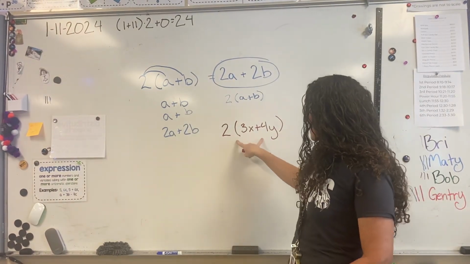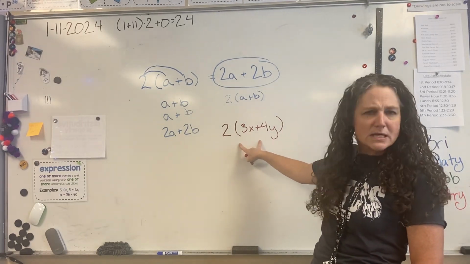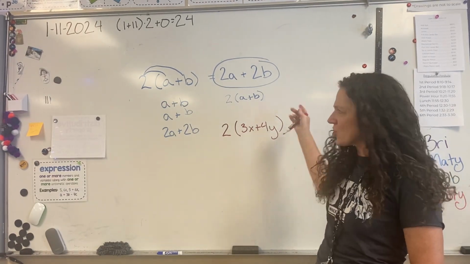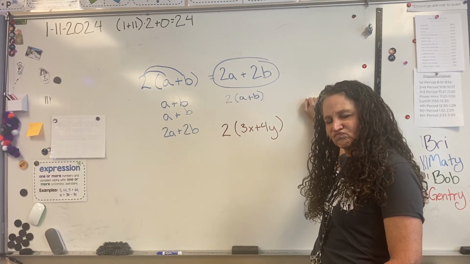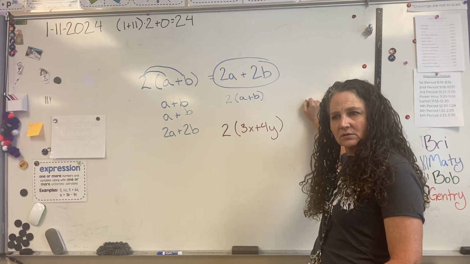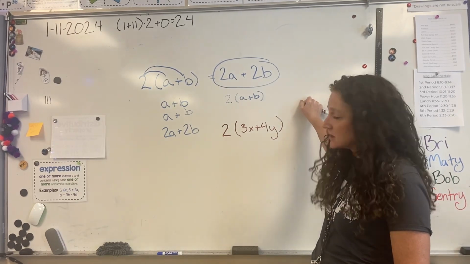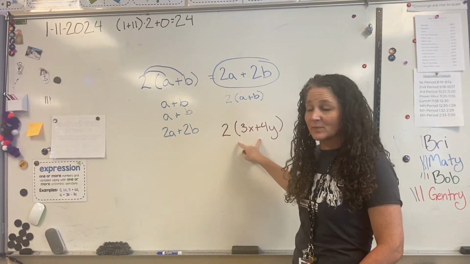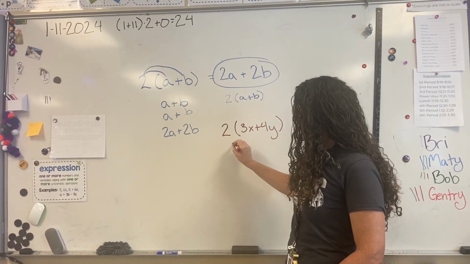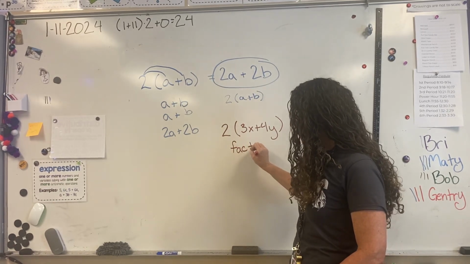So, this expression, is this in factored form or is it in expanded form? What is this form that we have? Remember yesterday when we were factoring things? This is in factored form, because if we were factoring this, this is what it would look like.